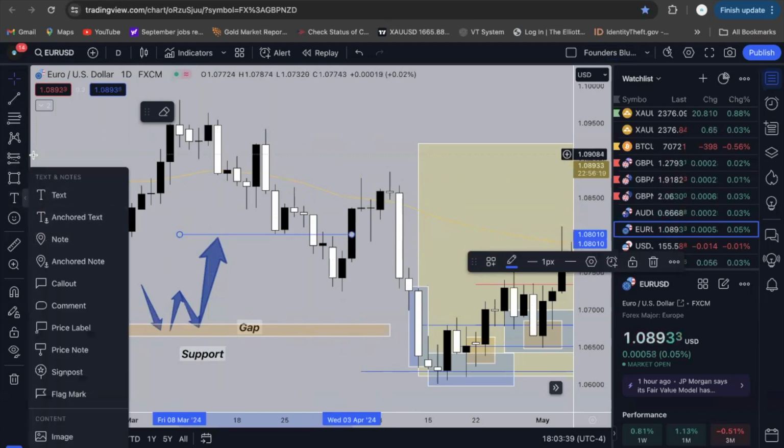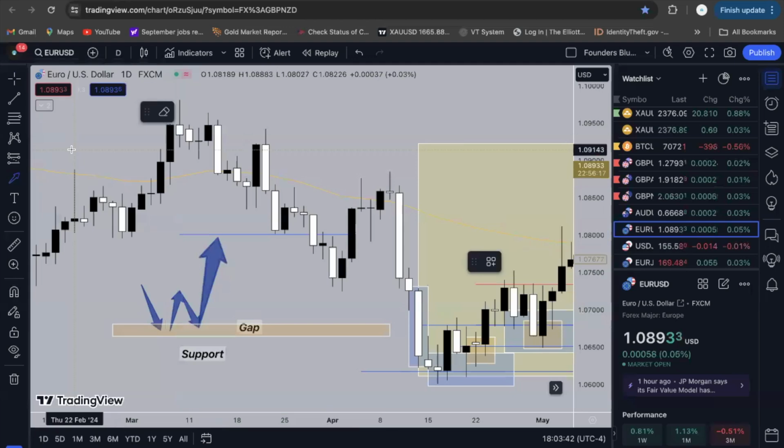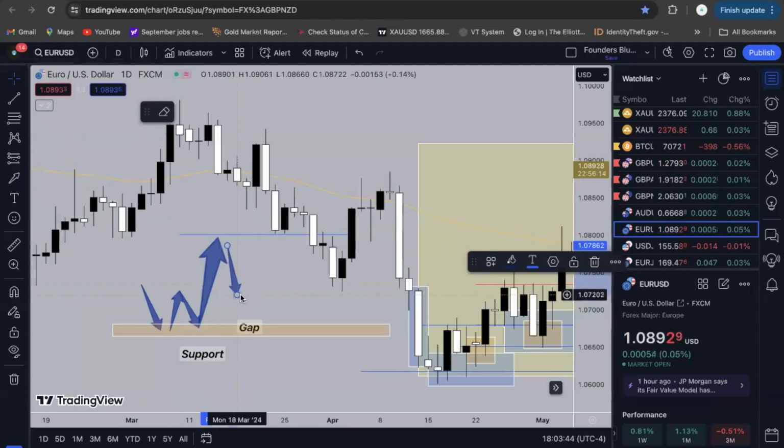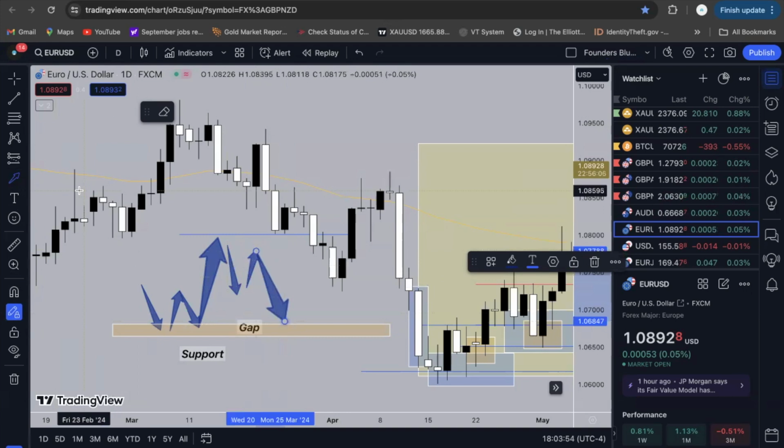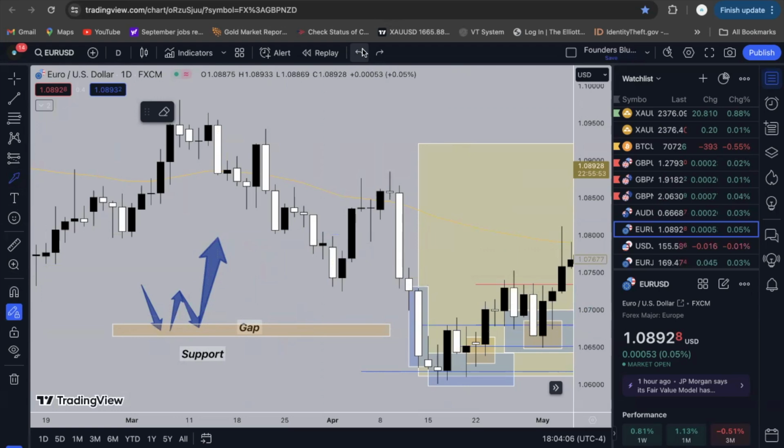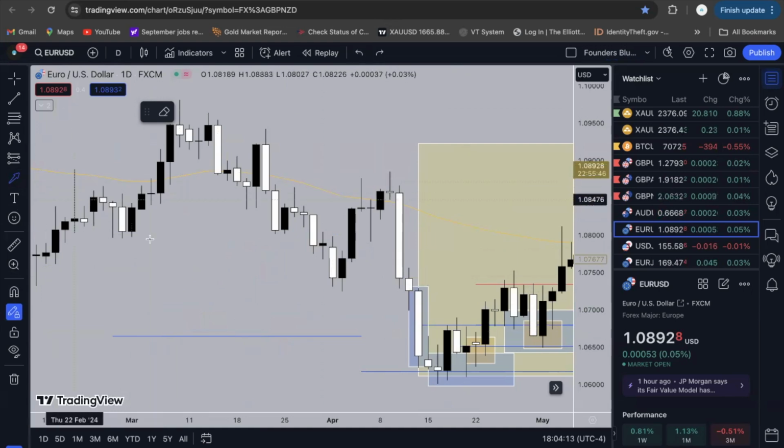This could be considered a gap. This was support, this is resistance. Y'all got that? All right, so that was a gap.